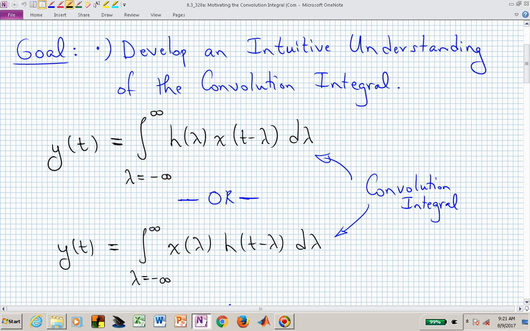It doesn't matter which of the functions inside the integrand are flipped and slid, but we can do the convolution integral based on whichever function is maybe easier or more helpful in our computation or in our analysis. So either of these two waveforms, they are equivalent, and you can use either one of those waveforms.